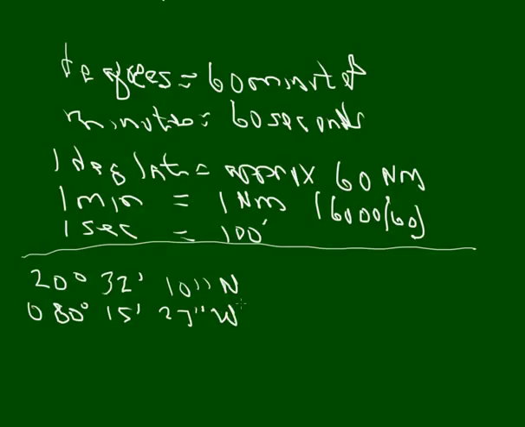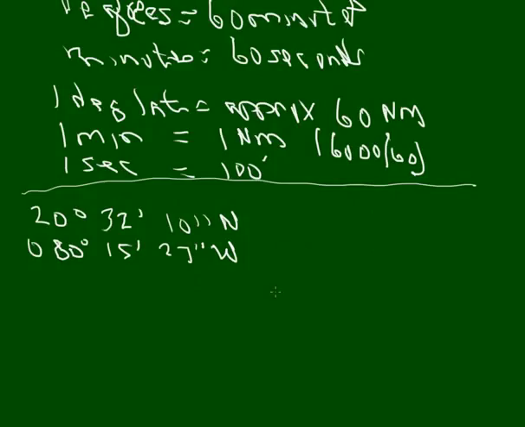So here is our coordinate given in degrees, minutes, and seconds. So that is a common way of stating a GPS or a lat-long coordinate. But there is another way, or a couple of other ways of doing this.